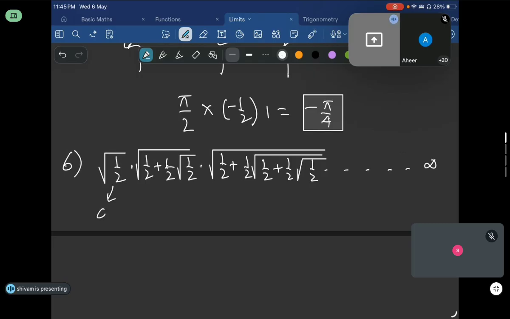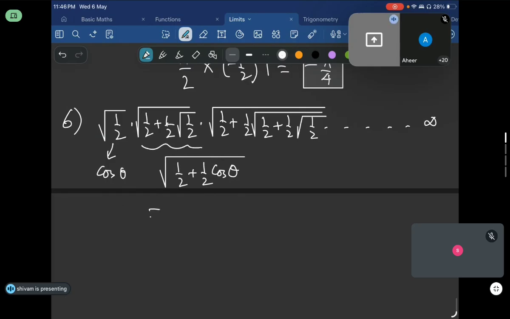So if this is cos theta, let's see what is the second term. Second term is equal to root over 1 by 2 plus 1 by 2 into cos theta. Okay, let's see what are we getting.